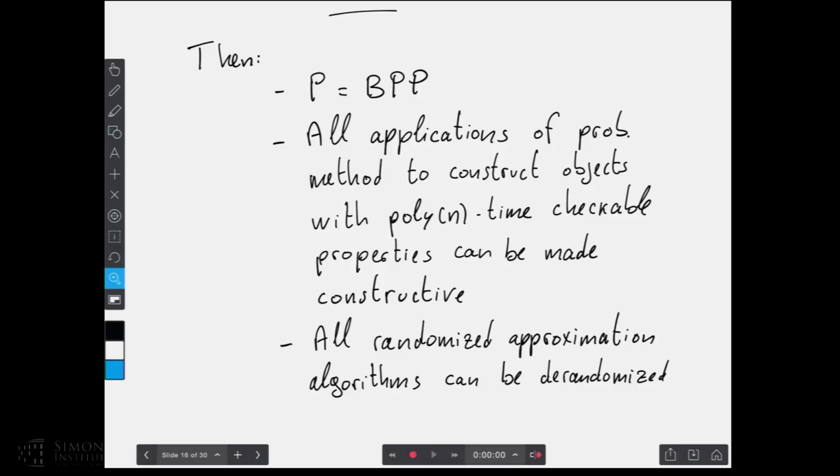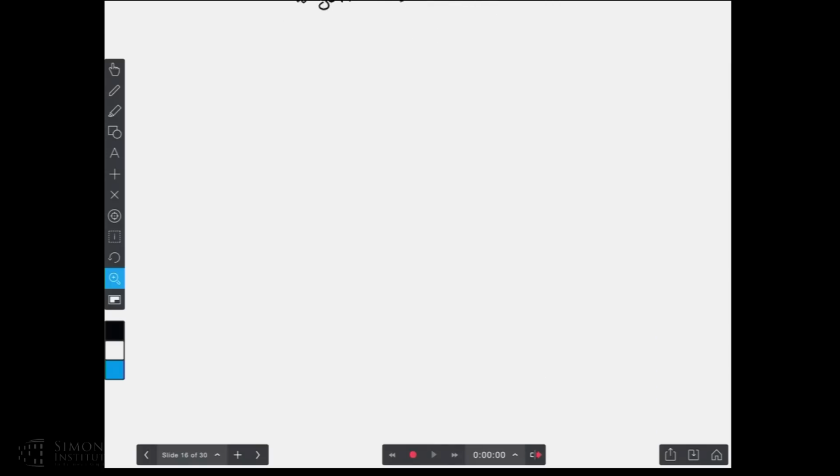All right, so let me show you these implications. I think they will really clarify what the definition is doing. So suppose we have some problem that we know how to solve with a polynomial time randomized algorithm. Call it algorithm A, and write it as a box.